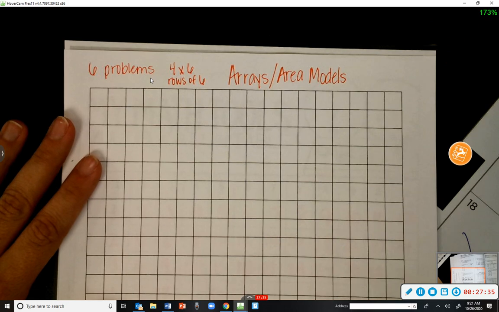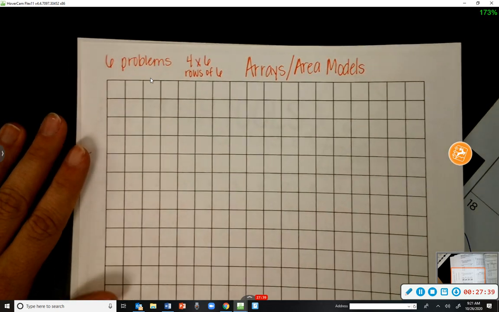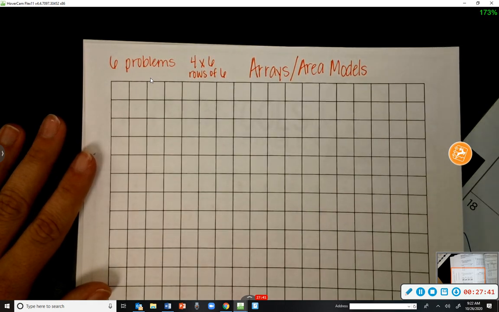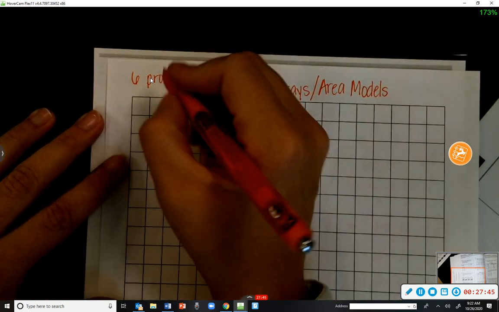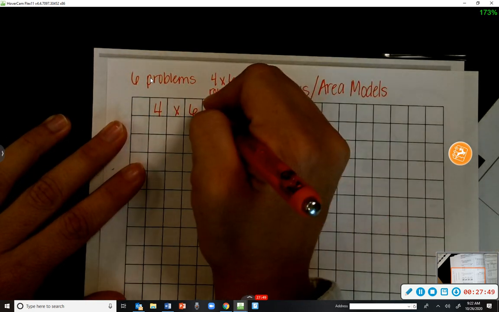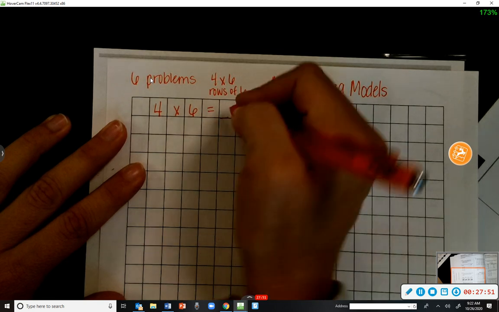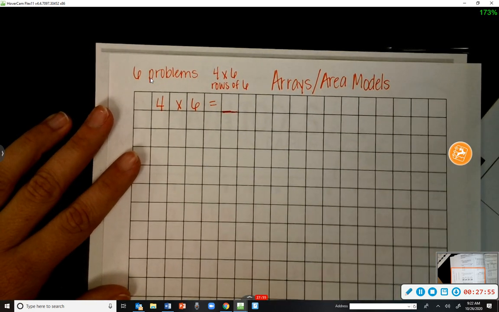Okay, so let me show you an example of what your paper will look like. We can pick any problem. Let's say I want to do 4 times 6. I want you to write the problem in the boxes with your product. And then we're going to shade in the boxes nice and neat.